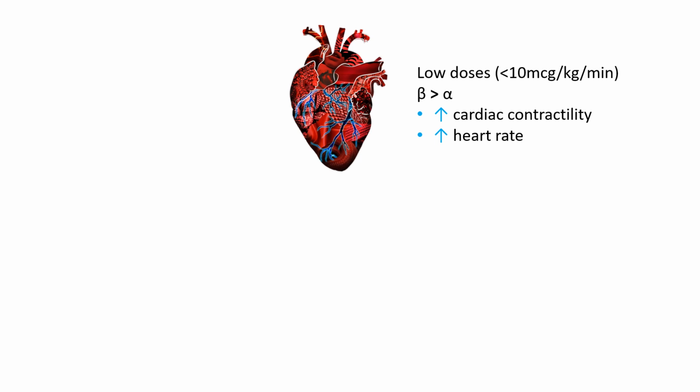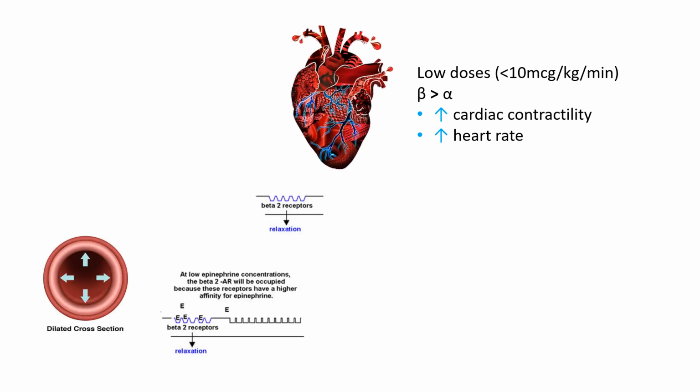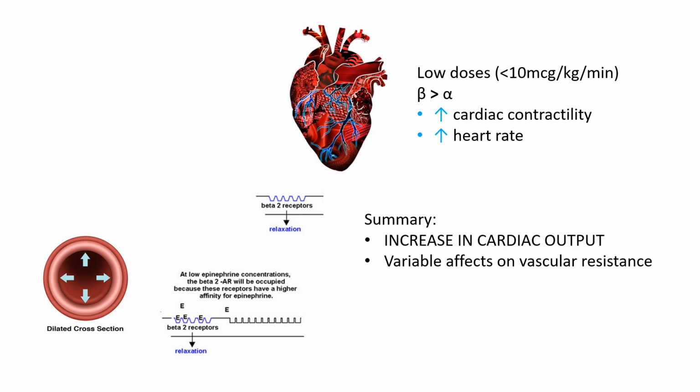While the effect on the beta 2 receptor will cause some vasodilation, this is cancelled out by the small effect on vasoconstriction by stimulation of alpha 1 receptors at these low doses. So at low doses, the effect of epinephrine on the human body mainly causes an increase in cardiac output and can potentially cause variable effects on vascular resistance.